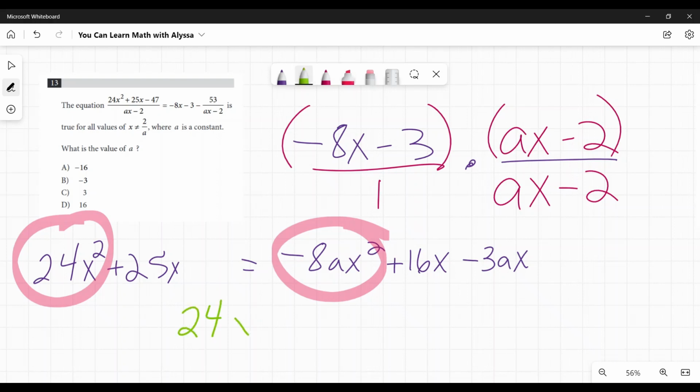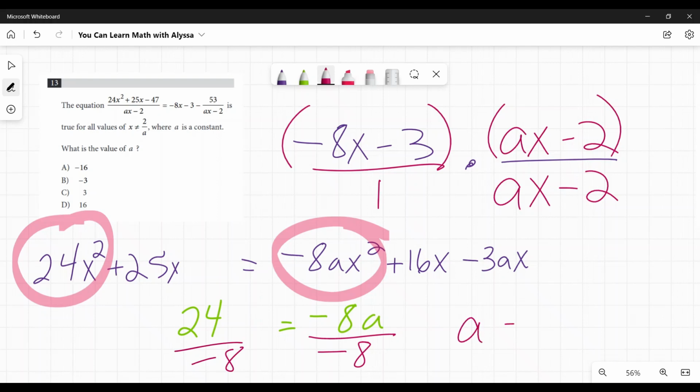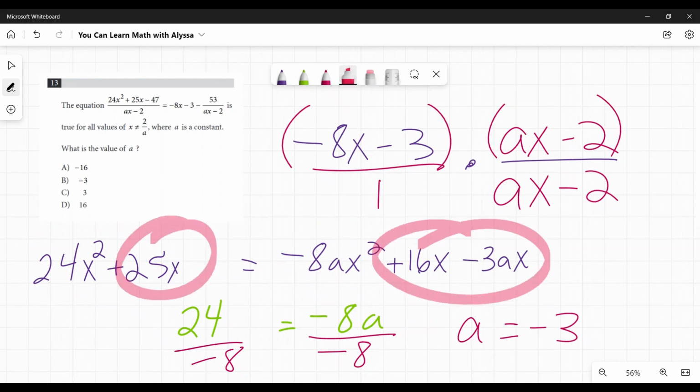So on the left, you have 24x squared, and it equals negative 8ax squared. I can divide both sides by x squared, and that gets rid of the x squareds. I'm left with 24 equals negative 8a. I divide both sides by negative 8, and a is equal to negative 3. If you want to double check, look at the second terms.